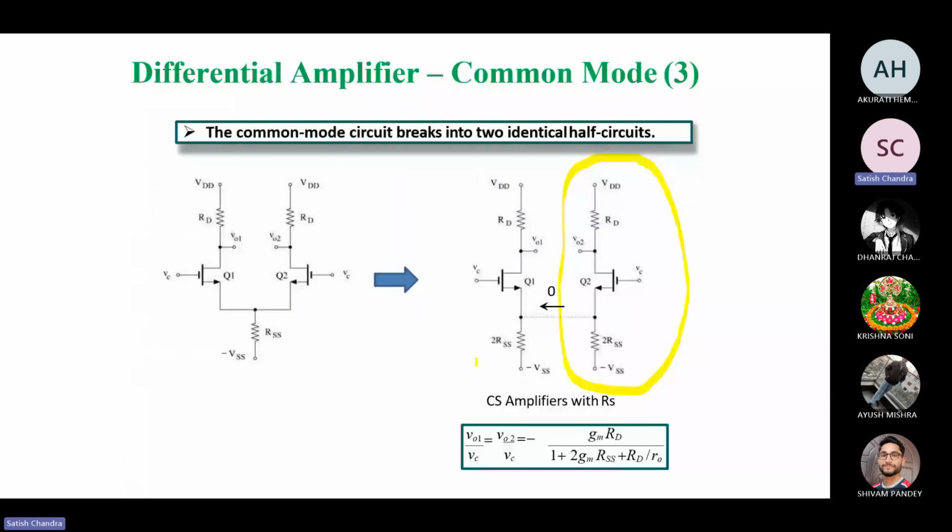That is why we can make an identical half circuit in this way, which is not the same in the BJT. So this is the difference between the FET and the BJT.